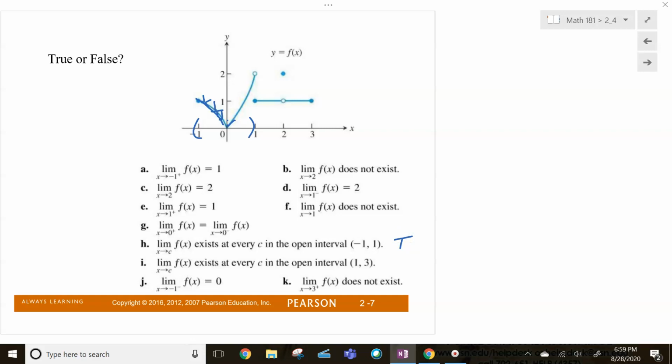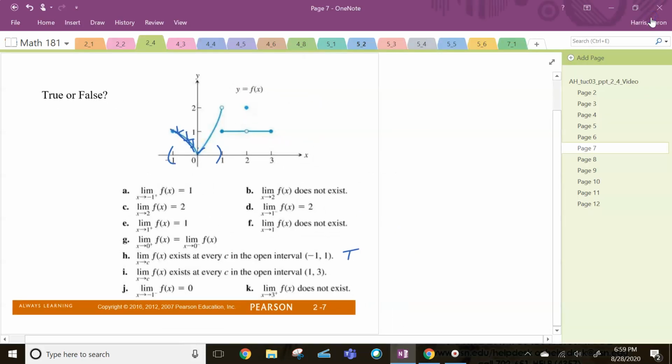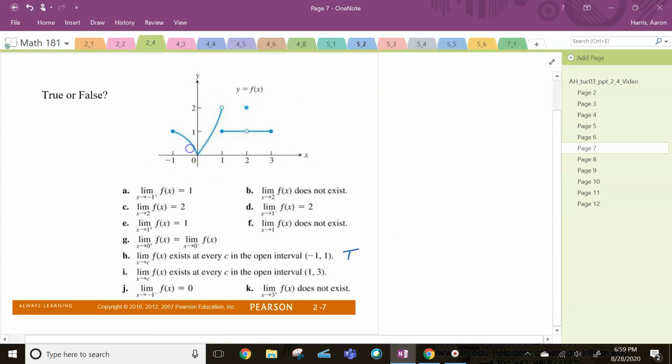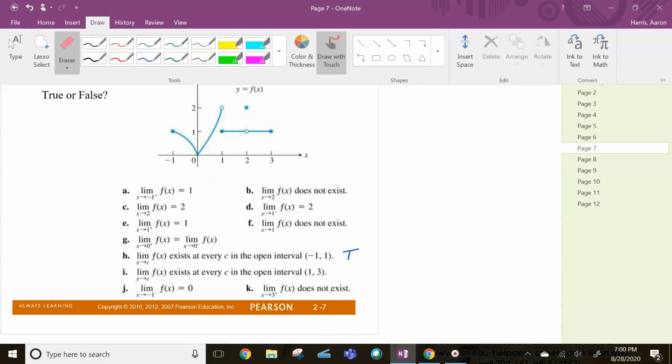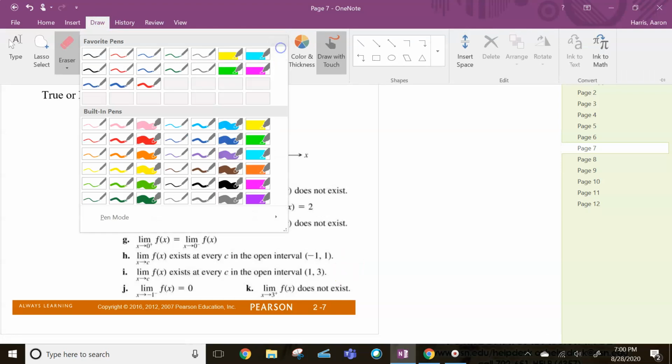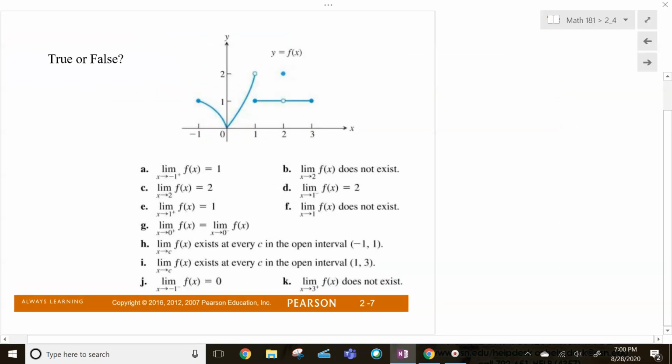Now, if you say the same thing but go from 1 to 3, so on I, now I'm thinking about this from 1 to 3. Let me erase a little bit here. Okay, now I'm going from 1 to 3. Does the limit exist everywhere? Yeah, it does.